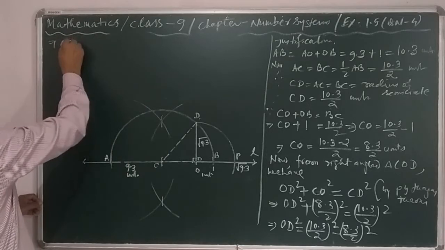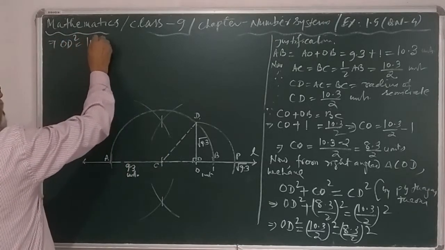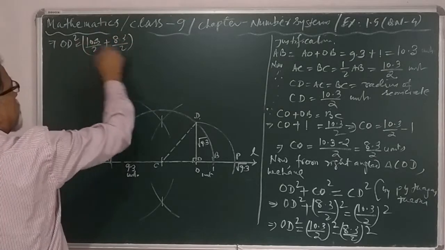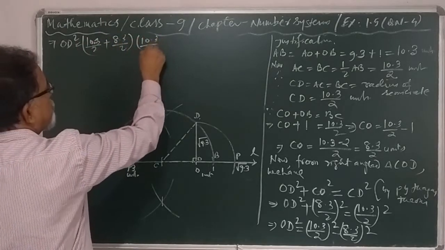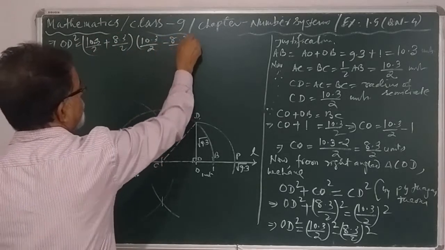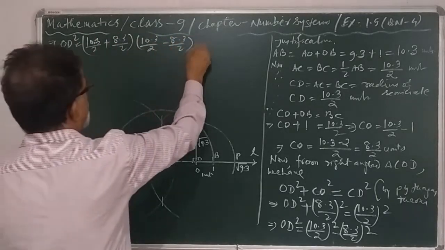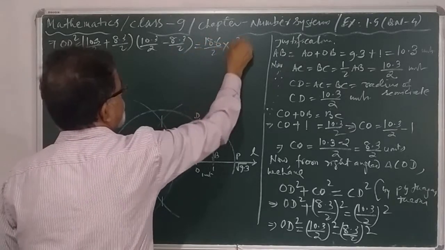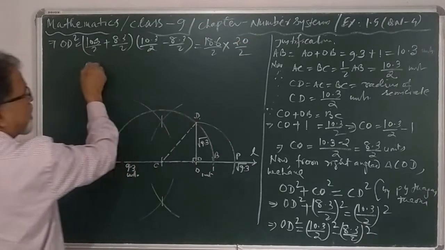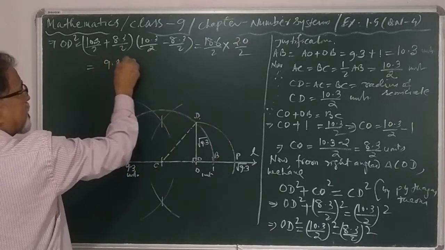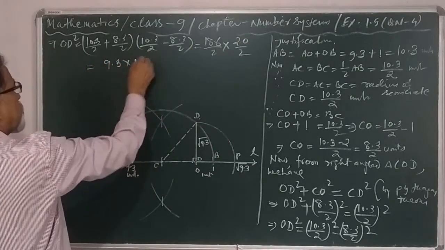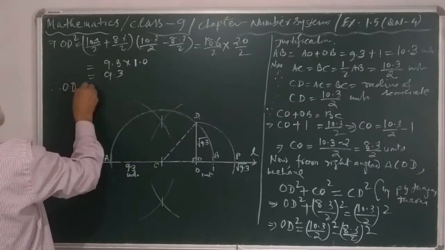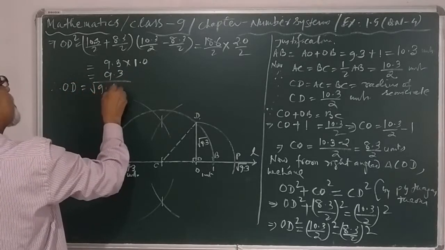This implies OD square equal to (10.3 by 2 plus 8.3 by 2) into (10.3 by 2 minus 8.3 by 2). This is equal to 18.6 by 2 into 2.0 by 2 equal to 9.3 into 1.0, which is equal to 9.3. Therefore, OD equal to root over 9.3.